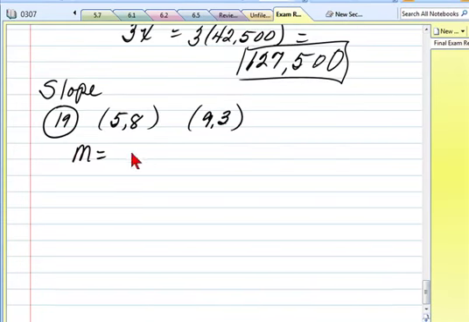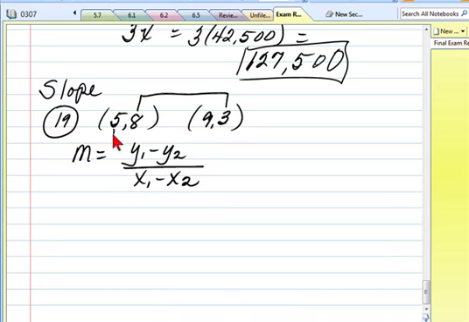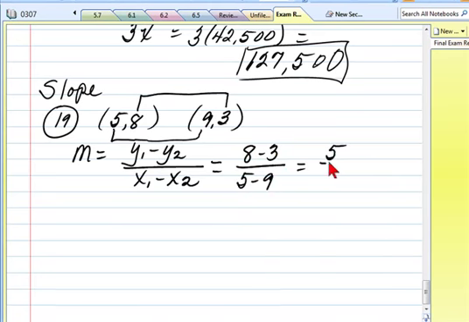My version of the slope formula is y1 minus y2 over x1 minus x2, although you're welcome to use it with the 2's before the 1's. The y's are on top and the x's are on bottom. So that will give me 8 minus 3 over 5 minus 9. That's 5 over negative 4. And you can stop the problem right there.